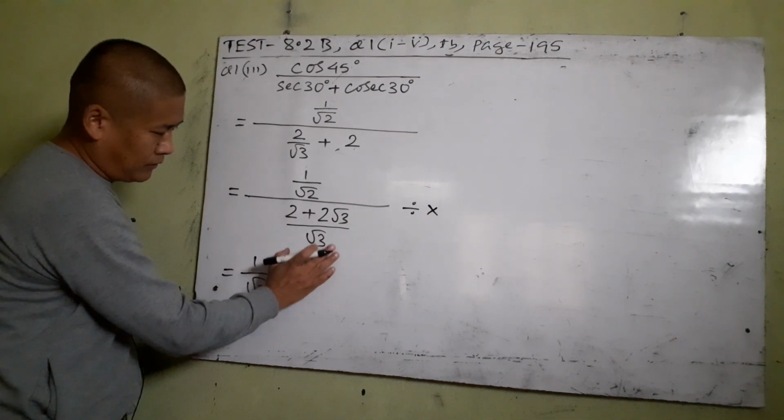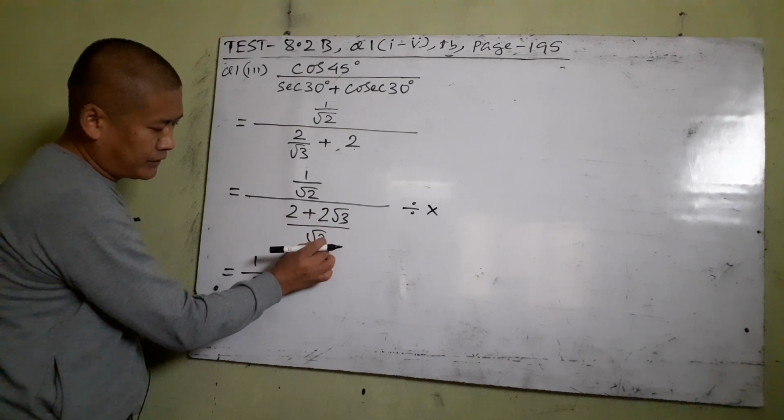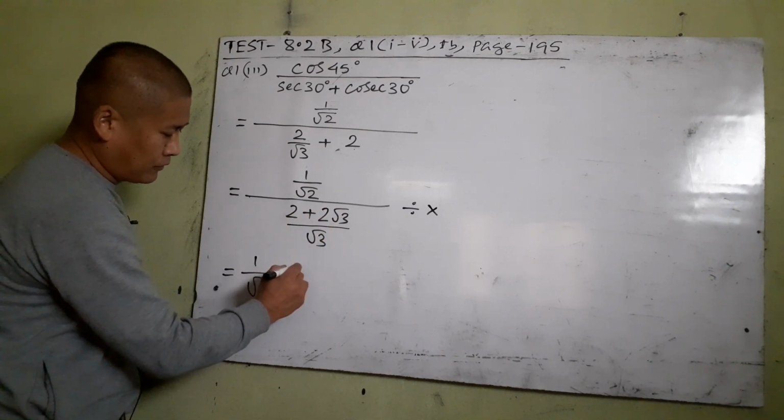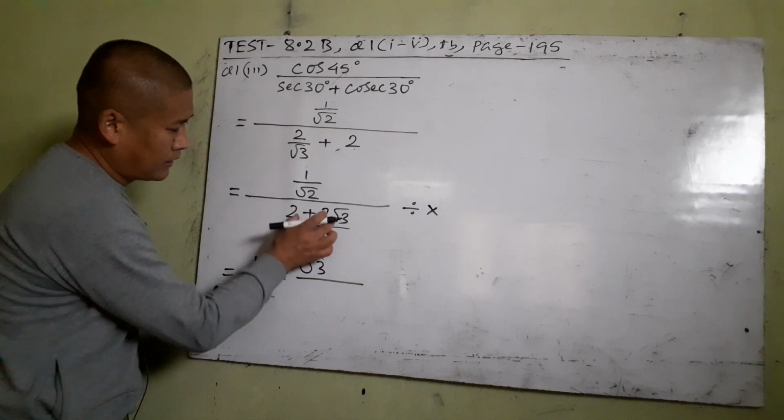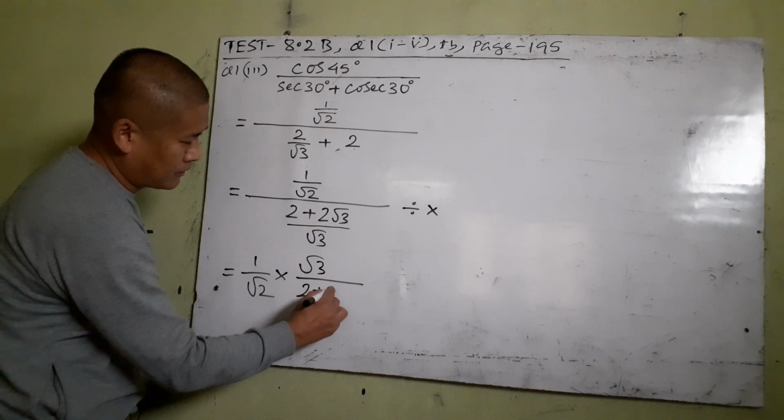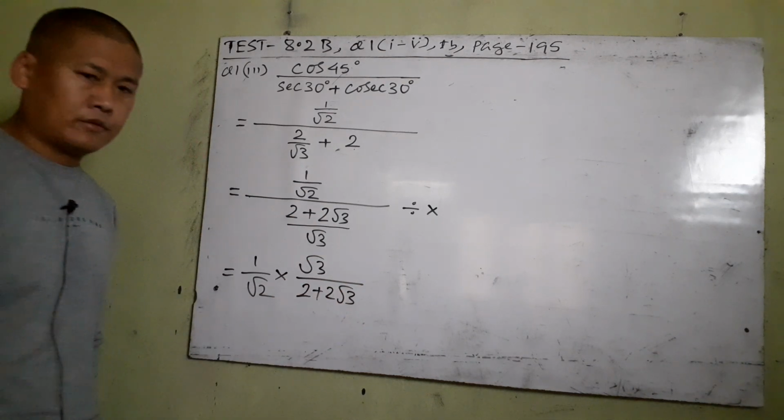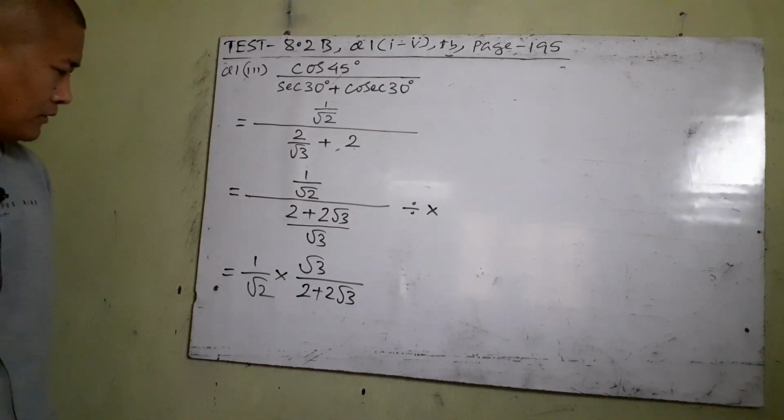Then here below the long line, upper part numerator and denominator down part will go up. Denominator will go up, and the numerator which is 2 plus 2 root 3 will come down. So we write that down.